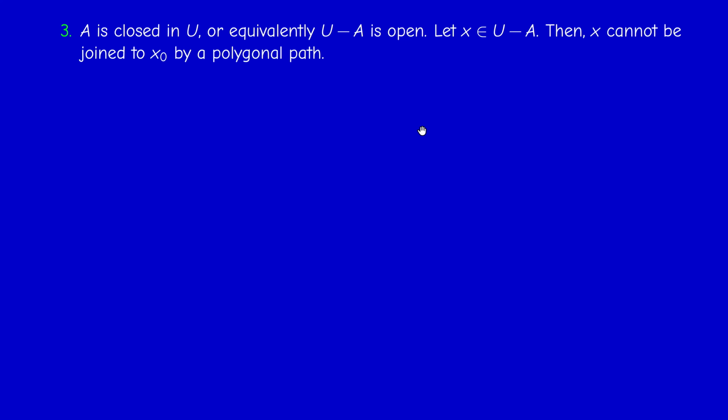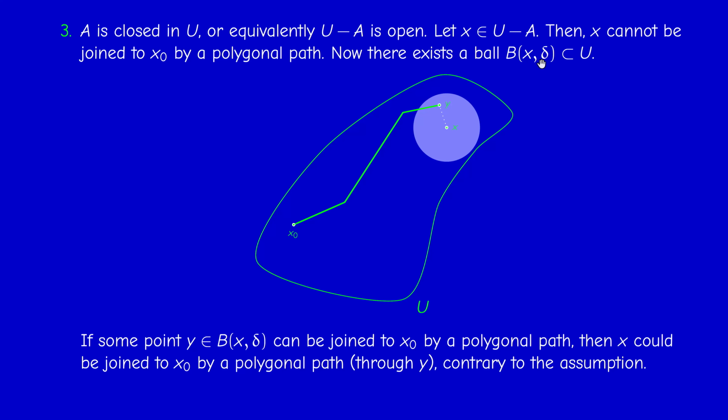Now, the same argument that we used in step 2 can be reversed. We prove that the complement of A in U is open. Take a point x in the complement of A. Then by definition, x cannot be joined to x0 by a polygonal path. Since U is open, we can find a ball of another radius delta, same thing in light blue, contained in U. Now, if some point of this light blue ball can be joined to x0 by a polygonal path, then by composition of paths, we can join x0 to x.